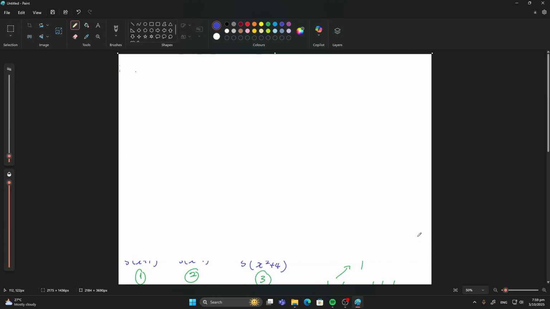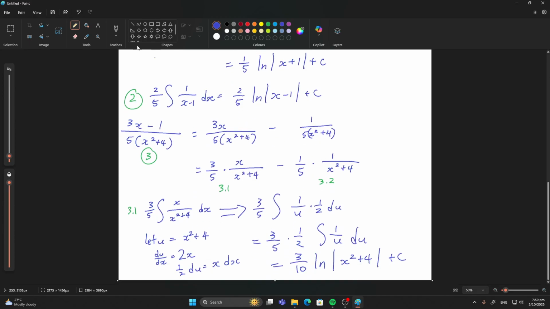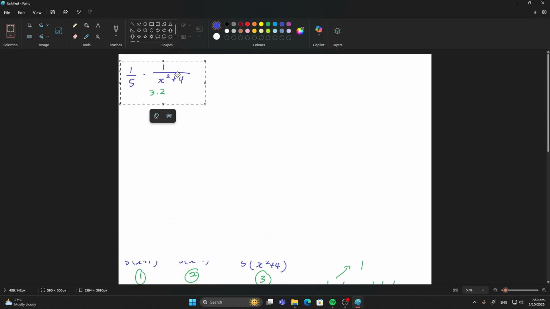And then for 3.2, what's 3.2? Ooh, it's a little bit tricky, but I'm starting to see a pattern.